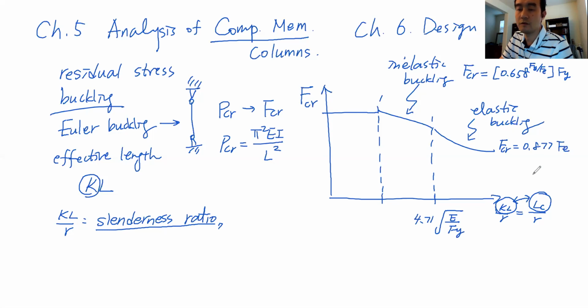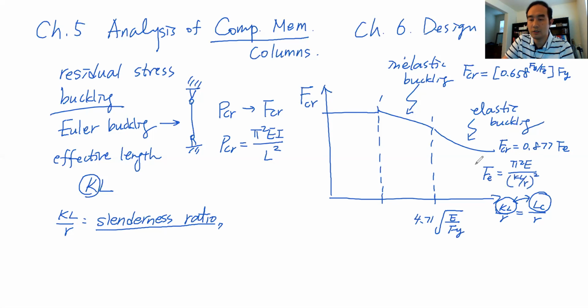I explained a couple of times in class that the elastic buckling range is not good because, as you can see, this F sub CR value is just a function of Fe. Fe is, by the way, pi squared times E over KL over R squared. I'm going to write down the Fe equation here: pi squared times E over KL over R squared.